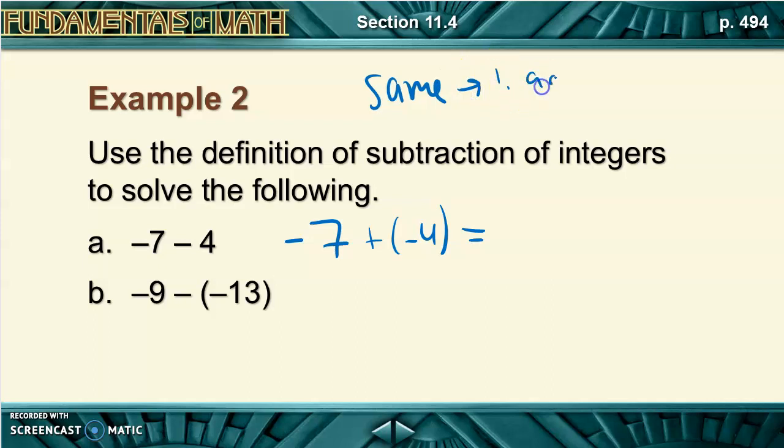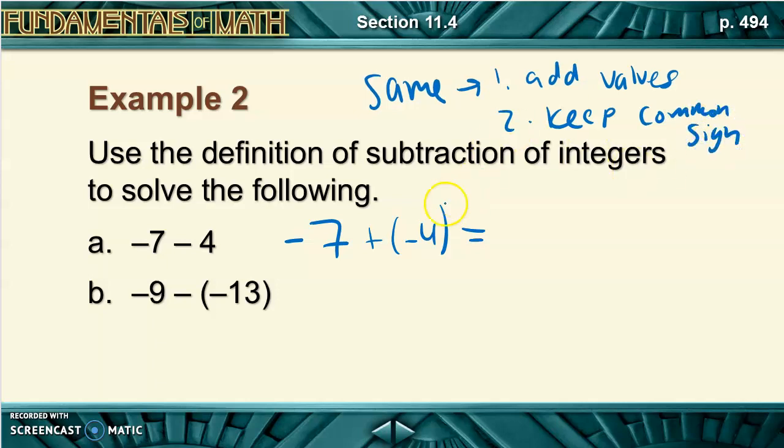So step 1 was add the values. And step 2 is keep the common sign. So for this problem, I would go ahead and get 7 plus 4 is 11. And because they're both negative, my answer is negative 11.